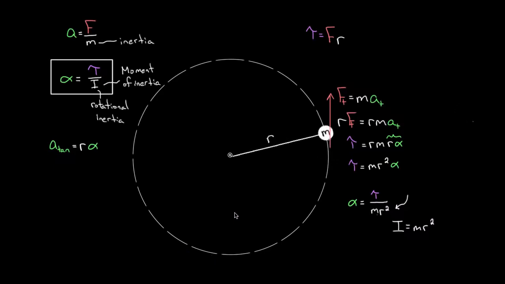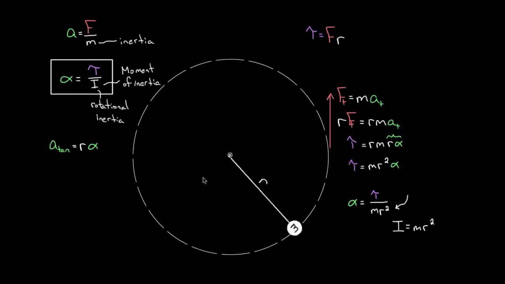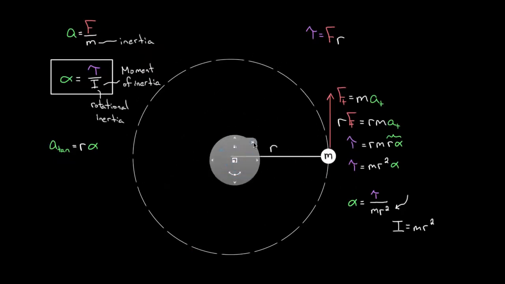It'd be difficult to get this thing going and start speeding it up. But on the other hand, if the mass were small or the radius were small, it'd be much easier to angularly accelerate. You could whip it around like crazy. But if the mass or the radius were very big, this moment of inertia term would get much bigger. This is the moment of inertia for a mass on the end of a string, and that's what the I is here. So you can think about it as the rotational inertia.